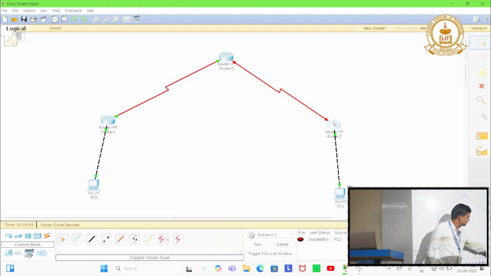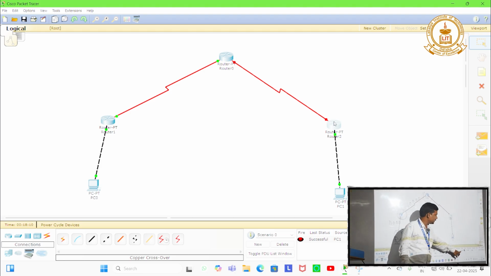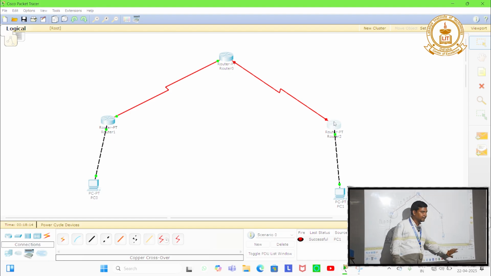Source is PC1, destination is router, and type is ICMP, Internet Control Message Protocol.